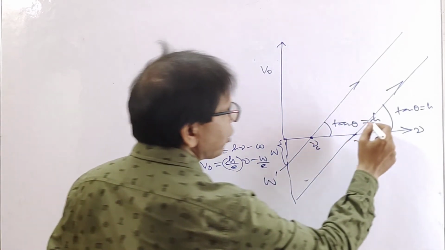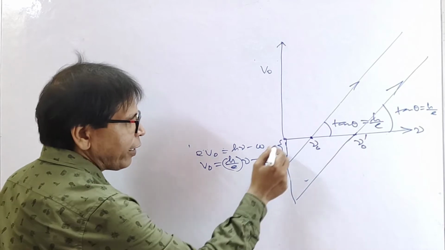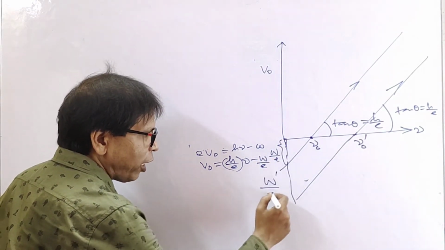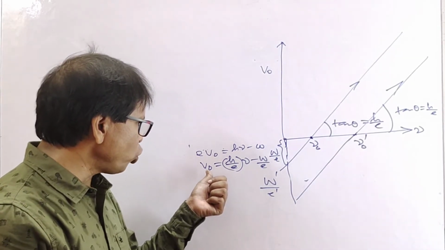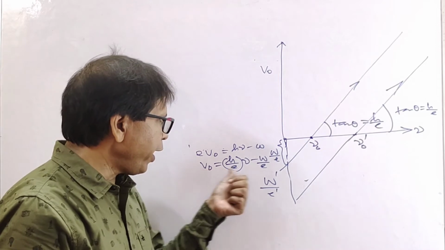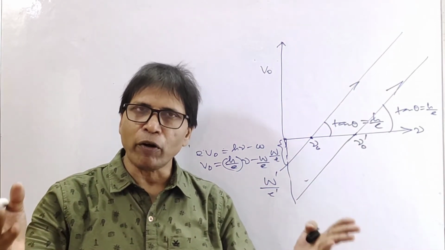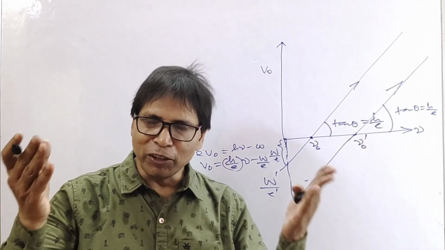So here the slope becomes h by e, and the intercept is w by e and w dash by e. So the nature of the graph between stopping potential V naught and nu, and maximum kinetic energy half mv square and nu, are almost identical; only they differ by their slope.